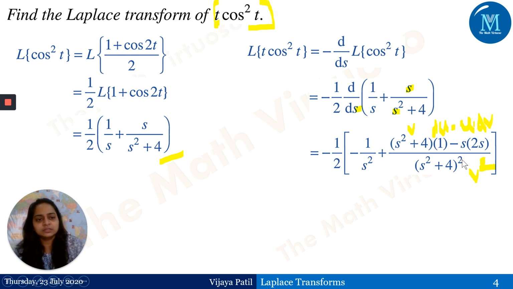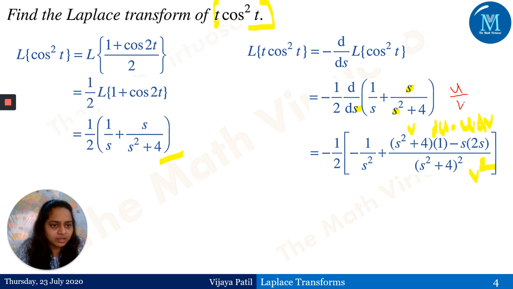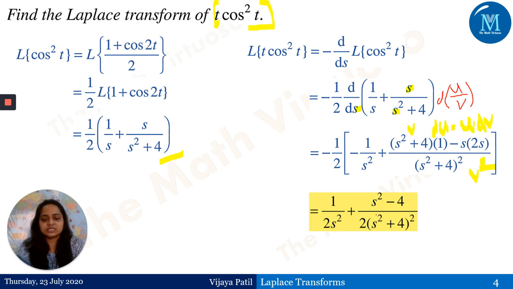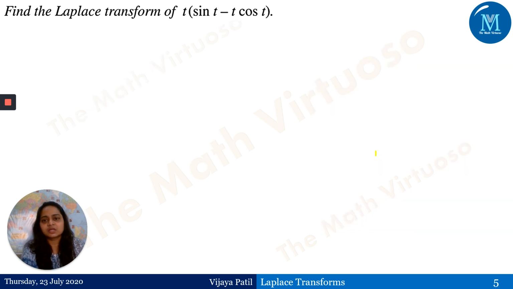So we have used the u by v formula of differentiation, which I have written here: v into differentiation of u minus u into differentiation of v, divided by v square. That's what we have done. And this is the final answer, because just by adjusting the terms, multiplying and cancelling a few terms, we have got this as the final answer for this particular question.